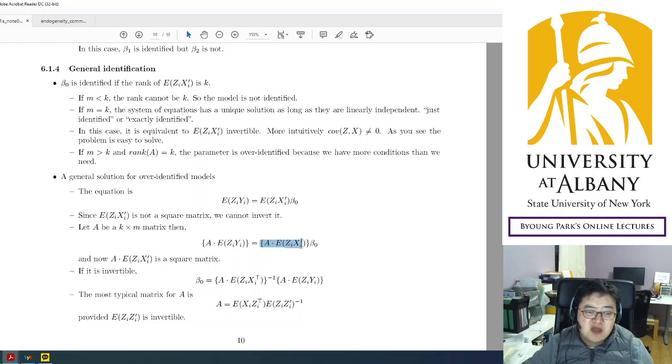Then you get a k by k matrix in front of beta 0. So A times this expectation will be a k by k matrix, and if this k by k matrix is invertible, then you can just multiply the inverse on both sides, and as a result you get this simple solution. The solution can be derived in this simple way.